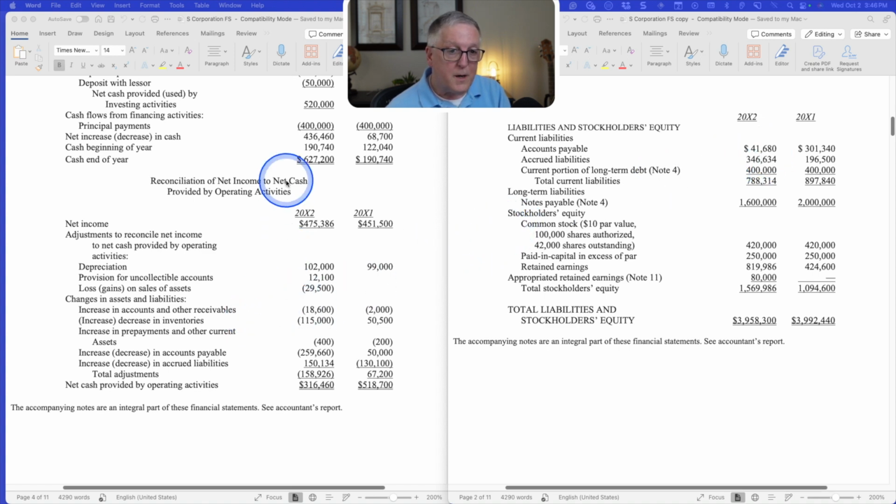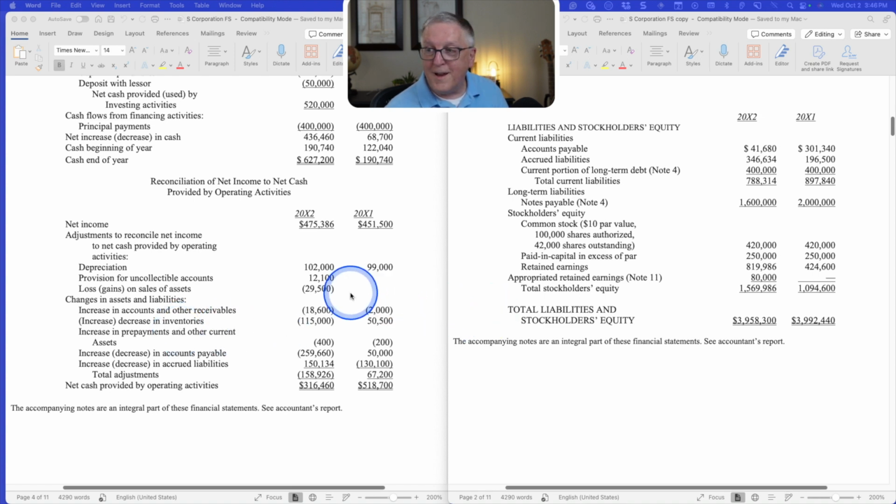So think about it. You backed into this number. You know what this number is from the income statement. You add and subtract the non-cash transactions. Now you're moving into dealing with the changes in balance sheet accounts like accounts payable and receivables and inventories and accounts like that.